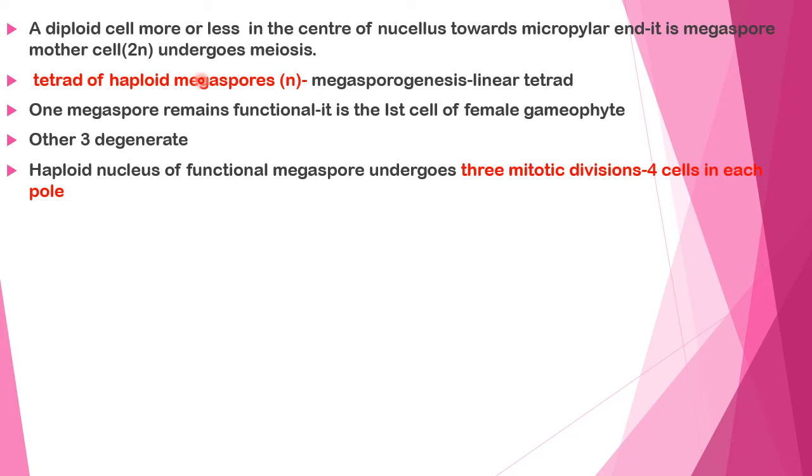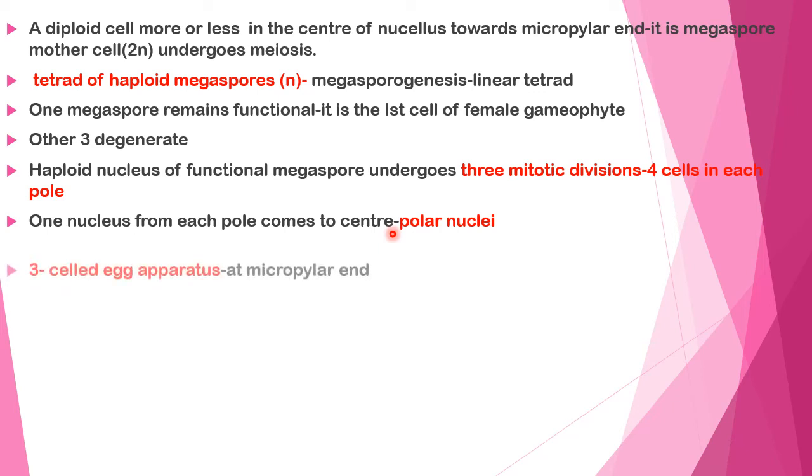Then the haploid nucleus of the functional megaspore undergoes 3 mitotic divisions, and a total of 8 nuclei are formed, 4 at either pole of the cell. Then the polar nuclei form: from each pole, 1 nucleus shifts towards the center.